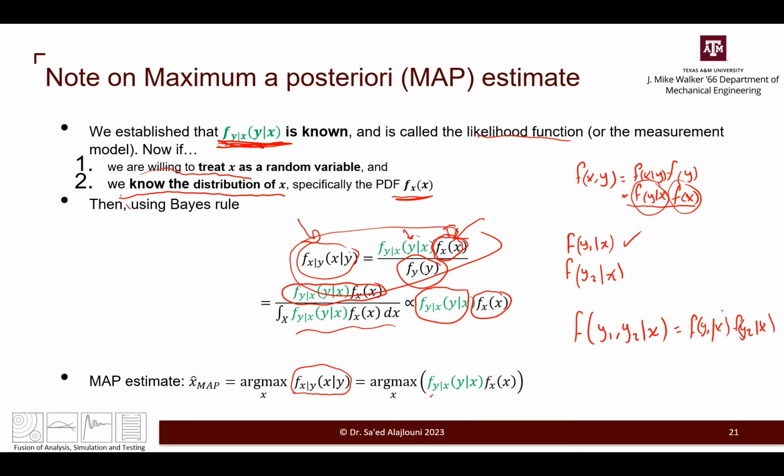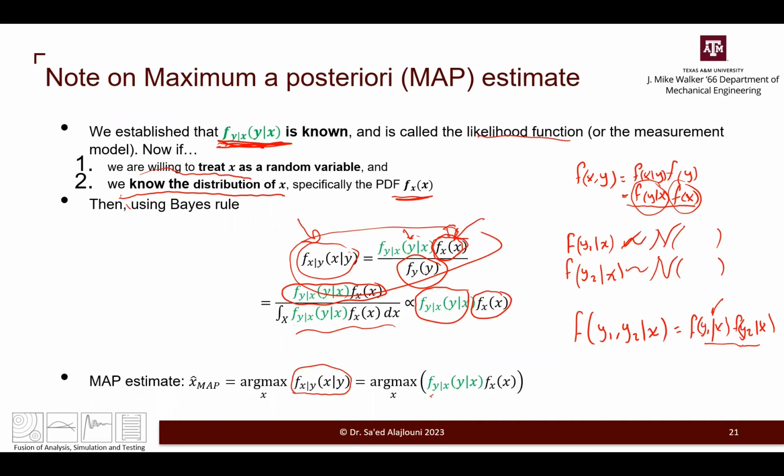Of course, if this is a normal distribution, and this is another normal distribution with a different mean and covariance, and you multiply them together, you get another Gaussian distribution. You take the log likelihood, and that's your objective function. It's a nice quadratic function. You take the derivative, set it to 0, and find your optimal maximum likelihood estimate.